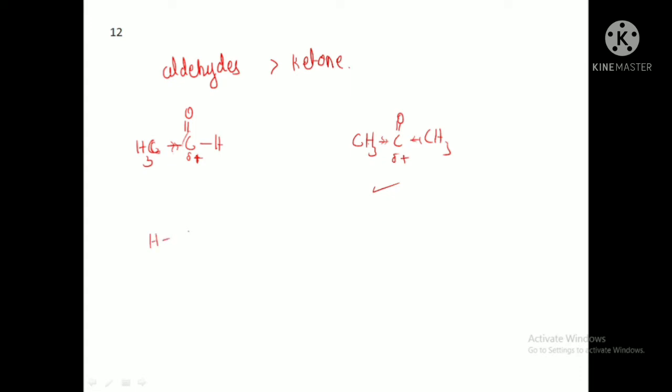So this is formaldehyde, H C double bond O H. Formaldehyde is more reactive than other aldehydes, which are more reactive than ketones, because there is no electron donating group in formaldehyde; both are hydrogen. In any other aldehyde, an electron donating group is present. But in ketone, on both sides electron donating groups are present, which stabilizes this carbon atom by donating their electrons.